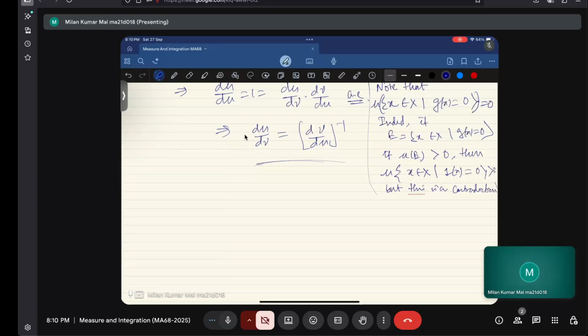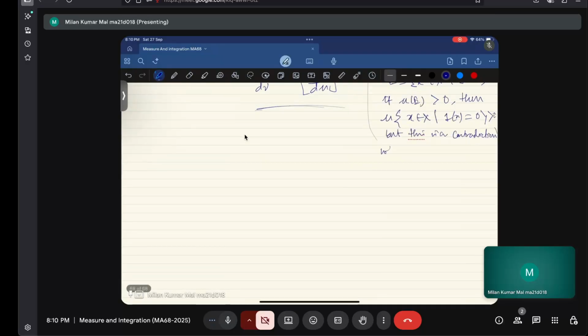Note that 1 is the function from X to the real numbers which maps every element to the constant value 1.